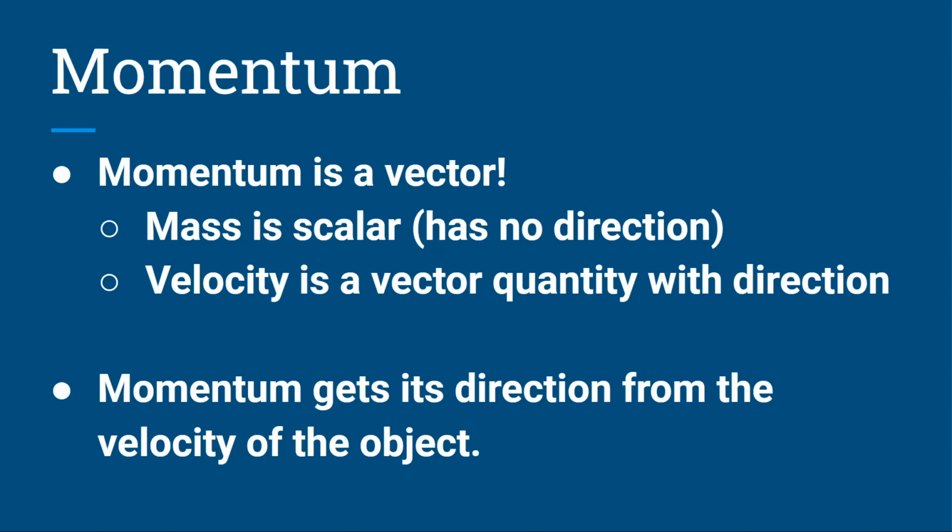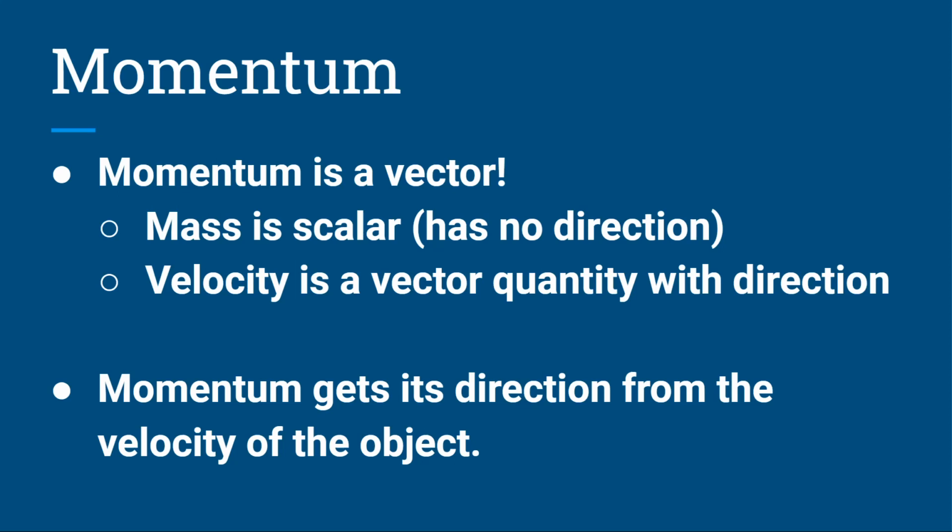Mass is scalar, it has no direction, but because velocity is a vector, so is your momentum, and because velocity is that vector quantity with direction, the direction of your momentum will be in the same direction as the object's velocity. Okay, so if an object is moving forward with a certain amount of velocity, it will also have a forward momentum. That's what that last point says. Momentum gets its direction from the velocity of the object.